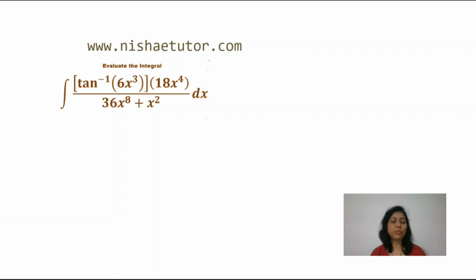Namaste. In this video, we are going to evaluate this integral: the integration of tan inverse of 6x cube, multiplied by 18x to the power 4, divided by 36x to the power 8 plus x squared, dx.